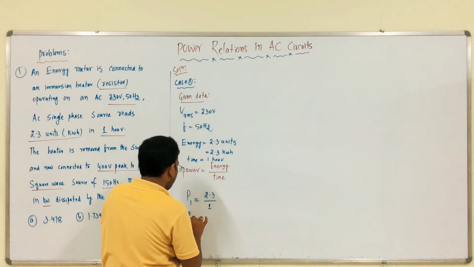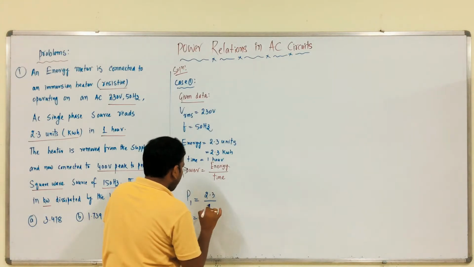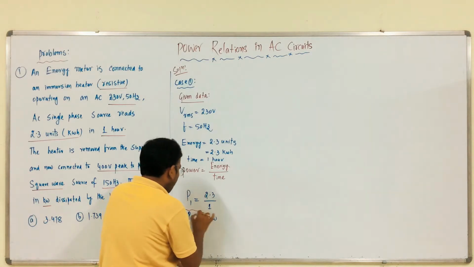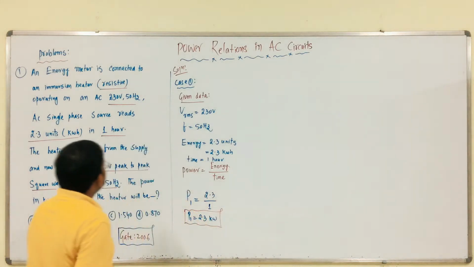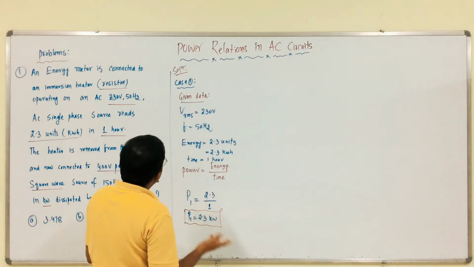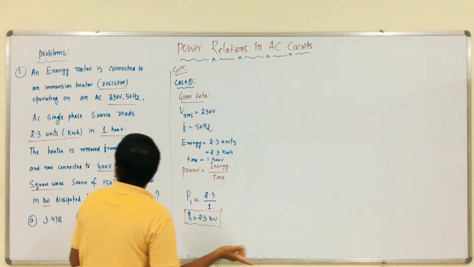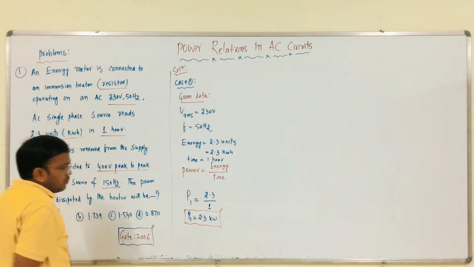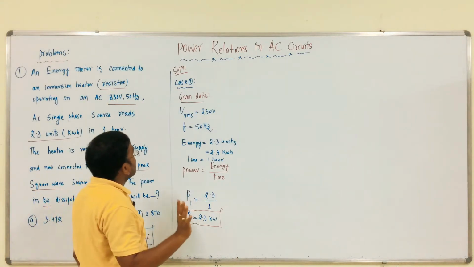So P1 is equal to 2.3 kilowatt. We have power and voltage, but we do not have the resistance, because the immersion heater is purely resistive, so we have to calculate the value of resistance.